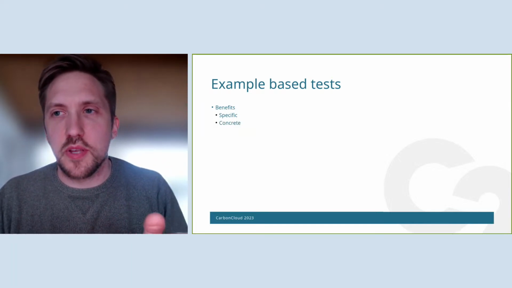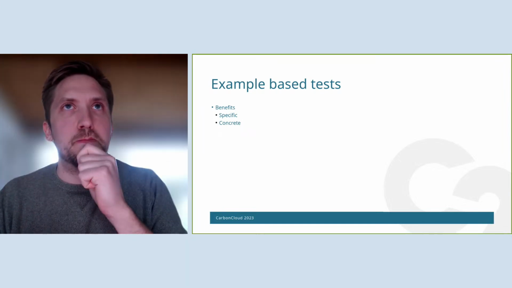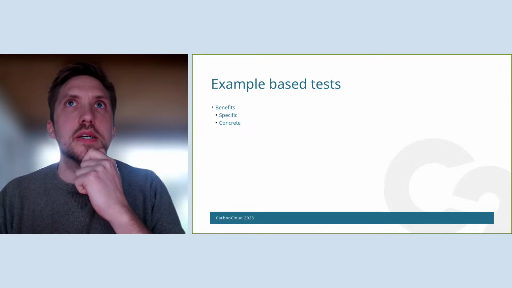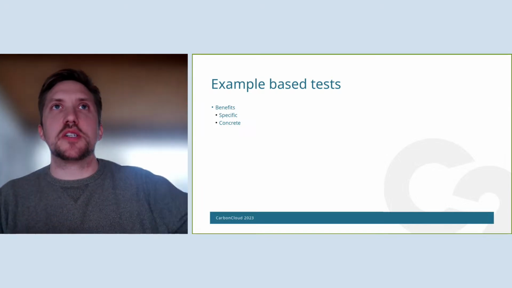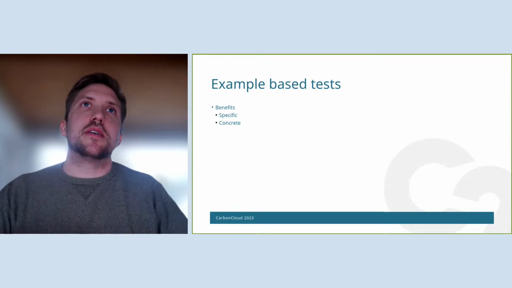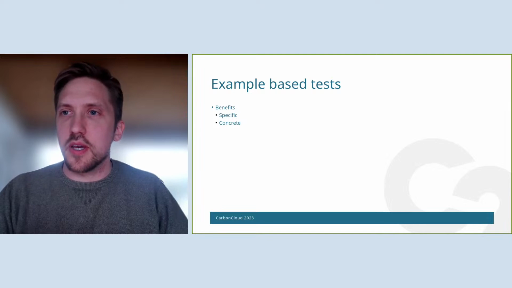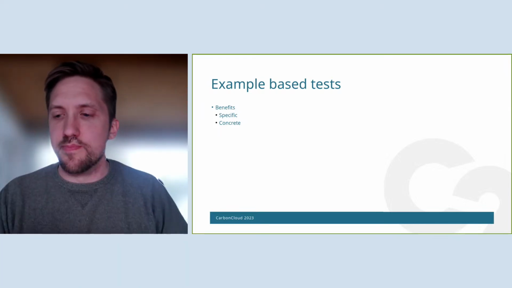So it's very specific and concrete. You can see, is this correct? I don't need to go up in abstraction and try to explain the behavior in a more generic or abstract way. I can say that with this input, I want this output.